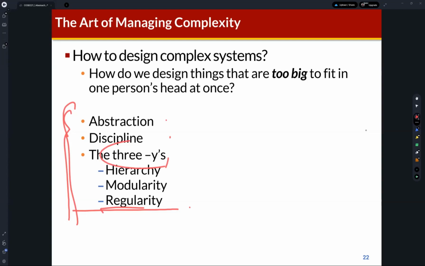Abstraction is very important for computer engineering students. We also use many abstractions in software design, as well as discipline and the three Ys. Using these concepts, we can build very complex digital system designs.